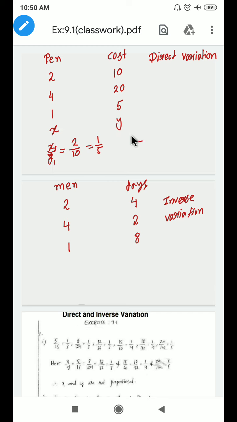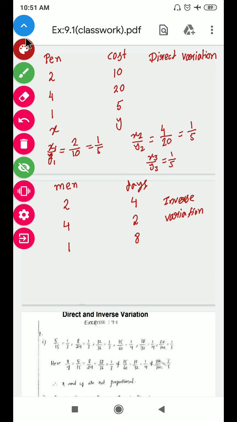If you calculate x2 by y2, this one is x2 and this one is y2, that is 4 by 20. If you calculate it, you will get 1 by 5. If you find x3 by y3, you will get 1 by 5 only.